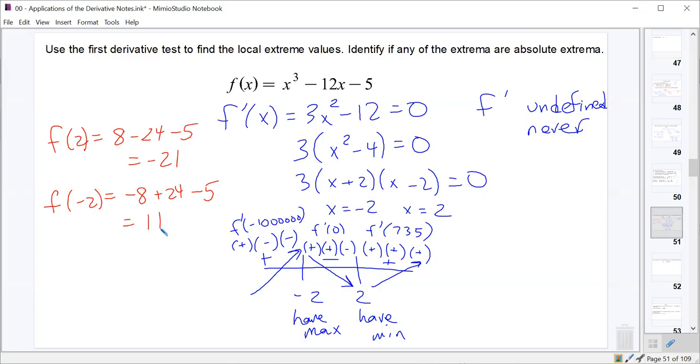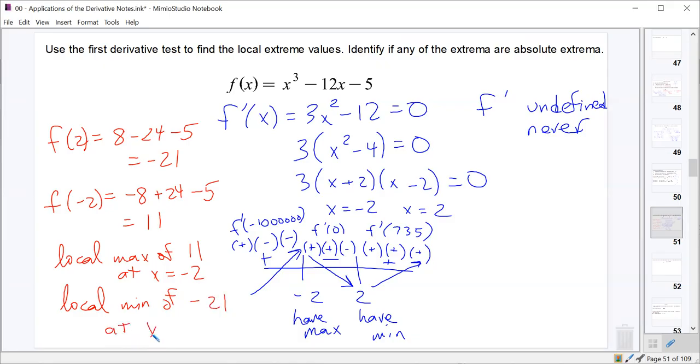And so it looks like we have a local max of 11 at x equals negative 2, and a local min of negative 21 at x equals positive 2.